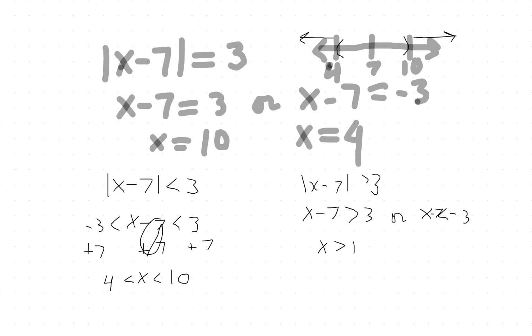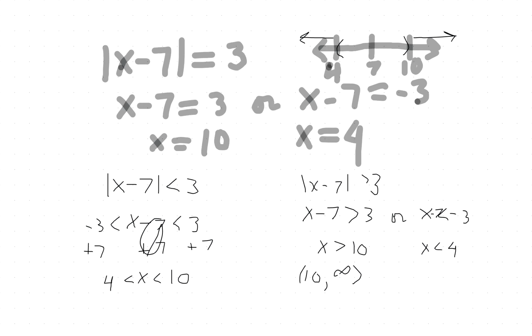which we can write as from 10 to infinity. Or if we add 7 to both sides, x is less than 4. So to get the or, we would use the union symbol.